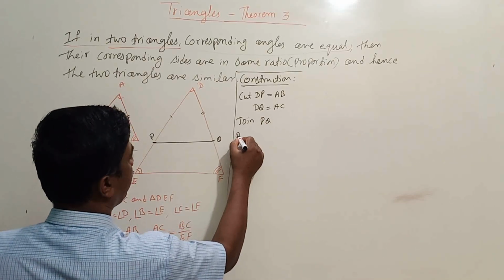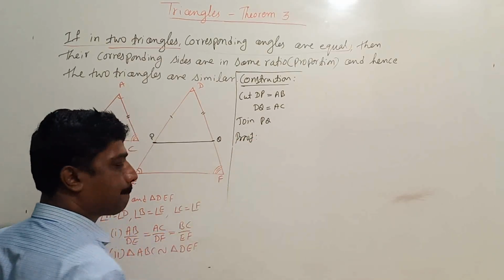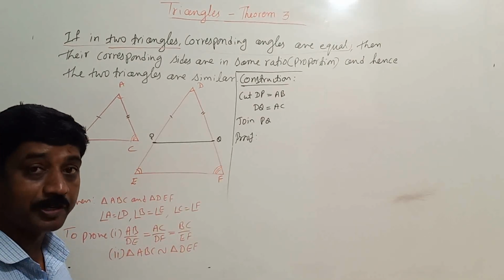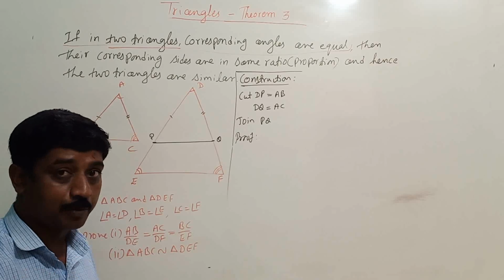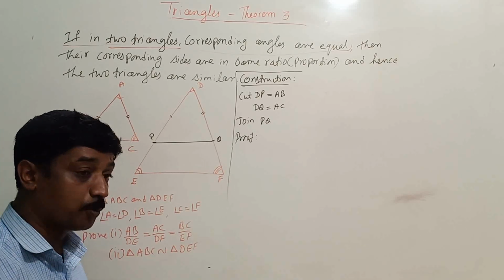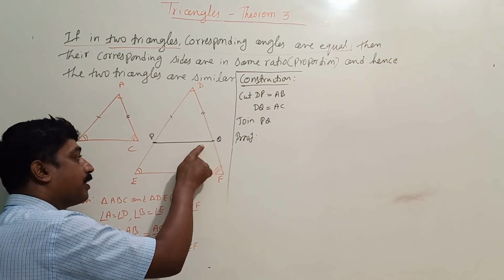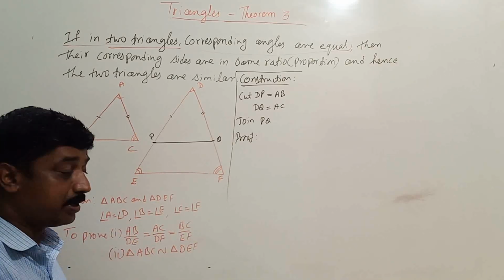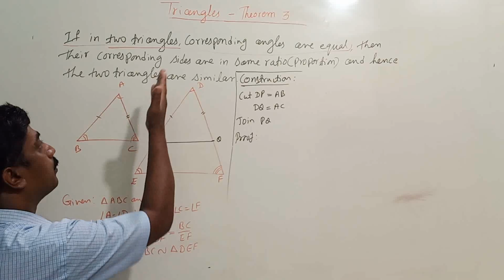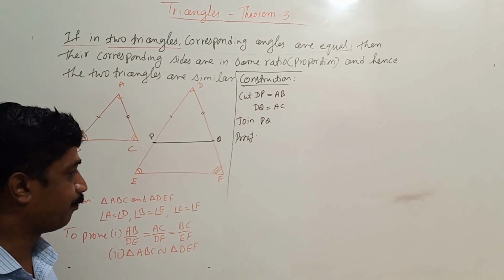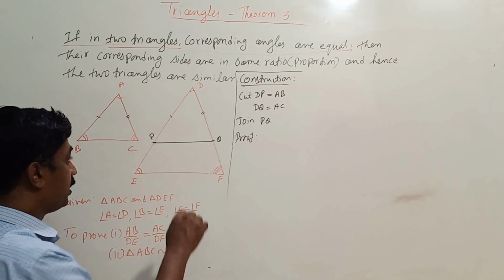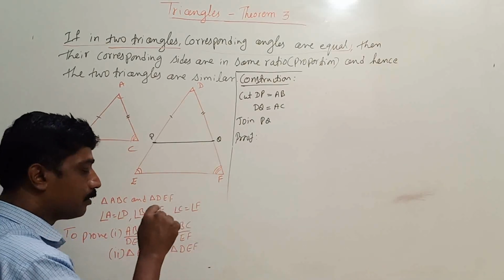So straight away, let us go for the proof. Now, why did we take this? That's a question here. We are dealing with the basic proportionality theorem. In the basic proportionality theorem, a line must be there, parallel to one side. So using BPT, we are going to solve this theorem number 3. According to BPT, PQ must be parallel to EF.